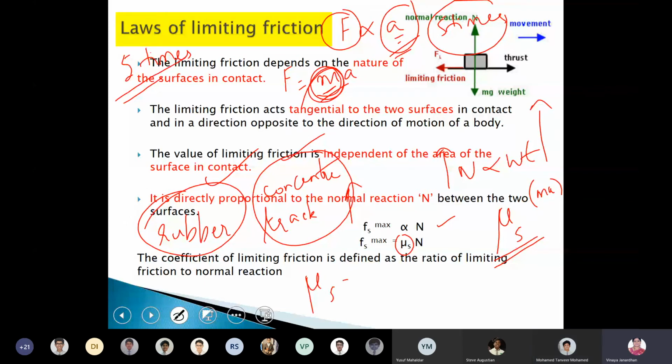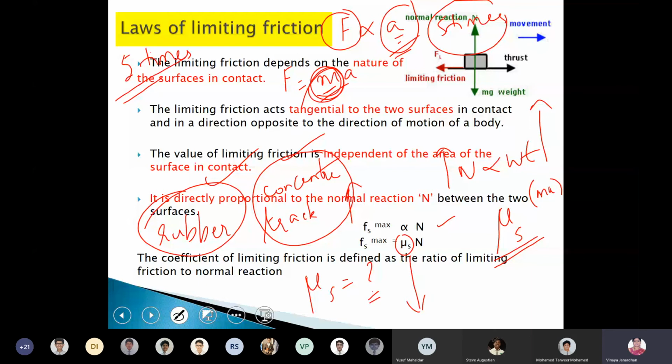This value of mu_s indicates whether the surfaces are smooth enough so that there is less friction. If the value of mu_s is very low. This value of mu_s is for two different materials, because you are talking about friction. Friction means a relative motion between two objects. There will be friction only when one object slides over the other, or both objects are sliding over each other. So for friction, this concept mu_s is very, very important, right?